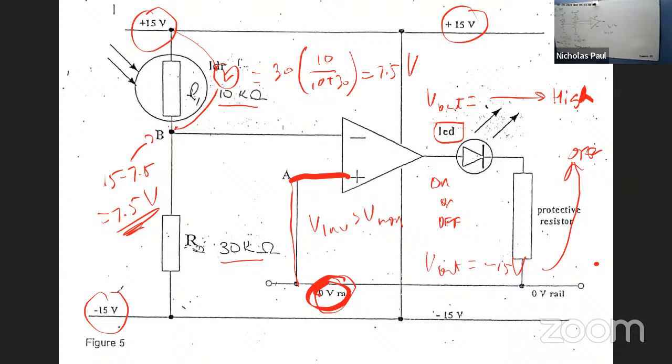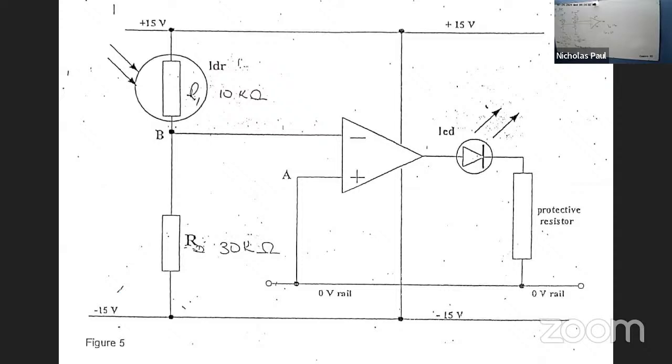So what we can do here is make this value larger. If I have, just making up something, 30 over 10 plus 30, how much is that? 22.5. And if I take 15 minus 22.5, I will get something negative, which will turn it on.